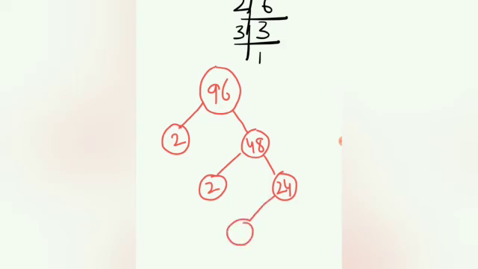Now next is 2, here 12 comes to you. Next again with 2, 2 6s are 12, and next again with 2, here 3 will come. And next, 3 ones are 3.